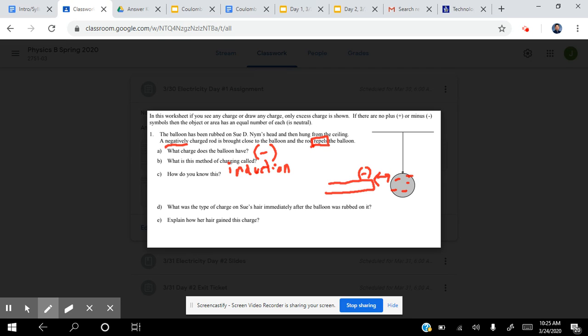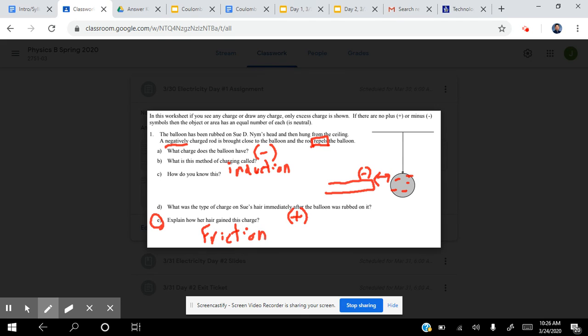What was the type of charge on Sue's hair immediately after the balloon was rubbed on it? And that is going to be a positive charge. So right after Sue rubbed the balloon on her hair, she ended up getting a positive charge on her hair. And her hair gained this charge through friction.